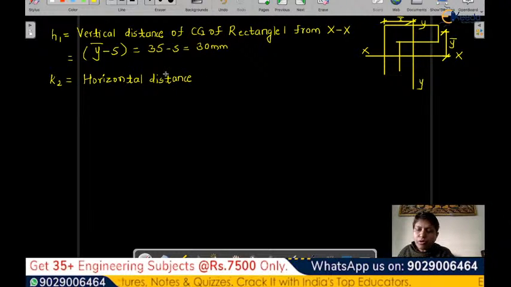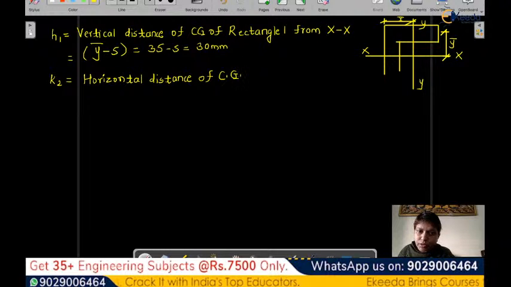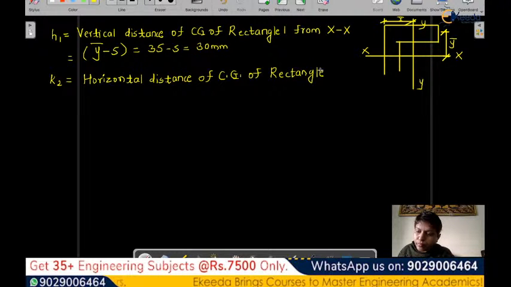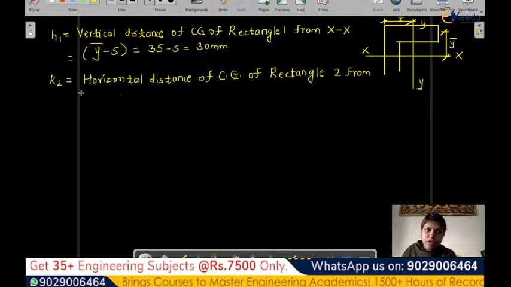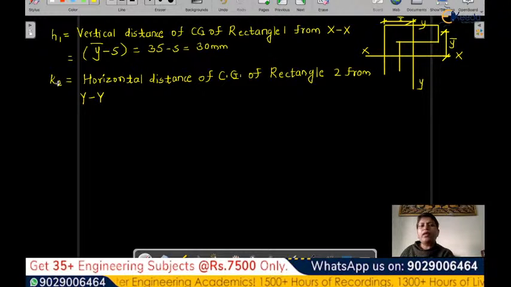So K2 is the horizontal distance of the center of gravity of rectangle 2 from YY. Remember that whenever a K term is there, it is a horizontal distance of CG from that particular member, and H is the vertical distance of CG from the x axis.